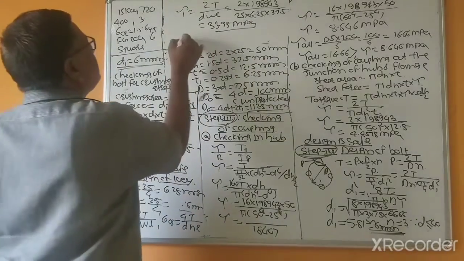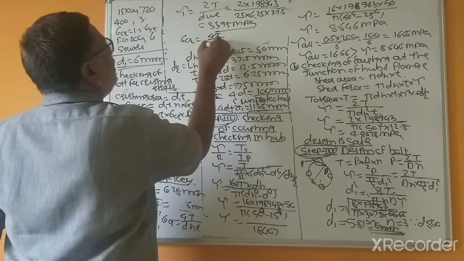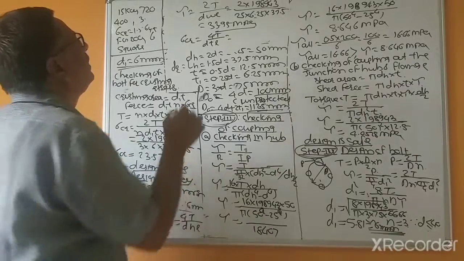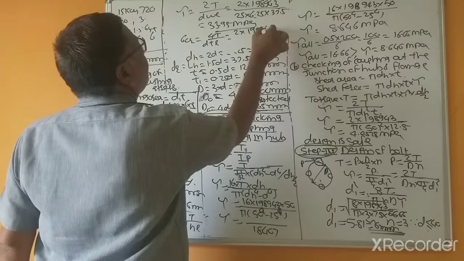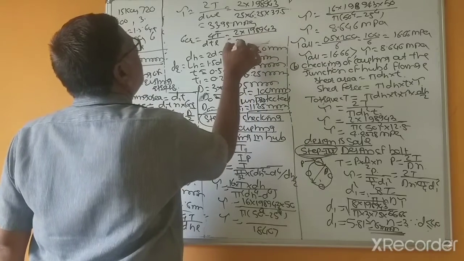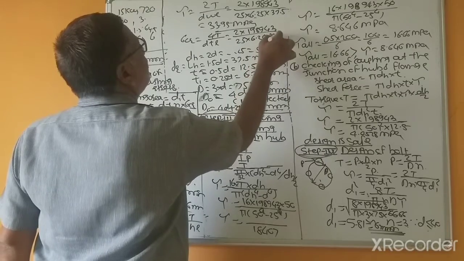Similarly for crushing stress, 4T divided by d h L, and here this is 2 into 198,943, 25, against this 6.25, 37.5.